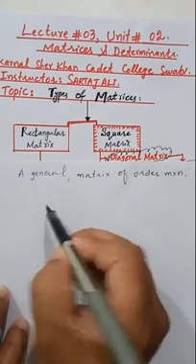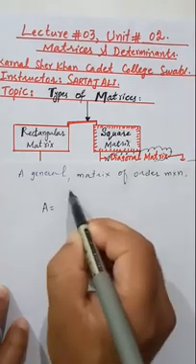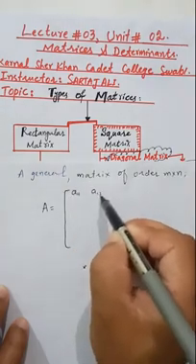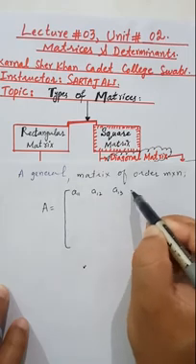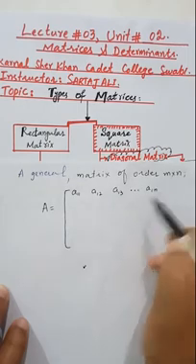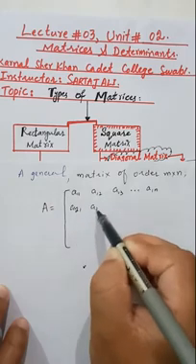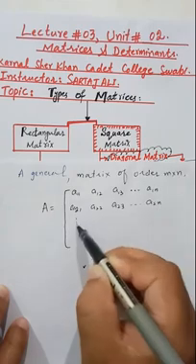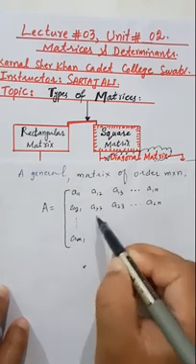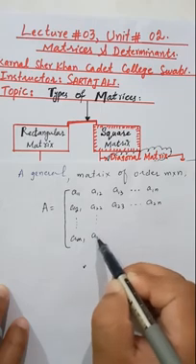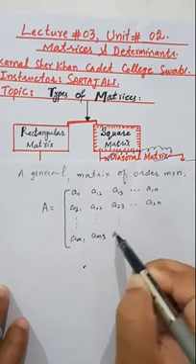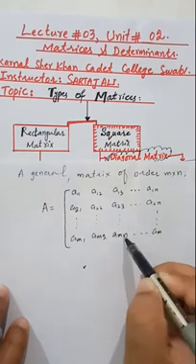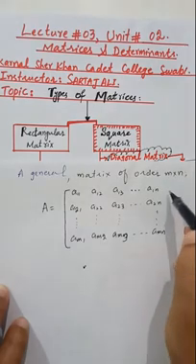so that may be denoted by capital A. We know the matrices are denoted by capital letters. So this is A11, A12, A13 and so on up to A1n, A21, A22, A23 and so on up to A2n, and so on up to Am1, Am2, and so on up to Amn.